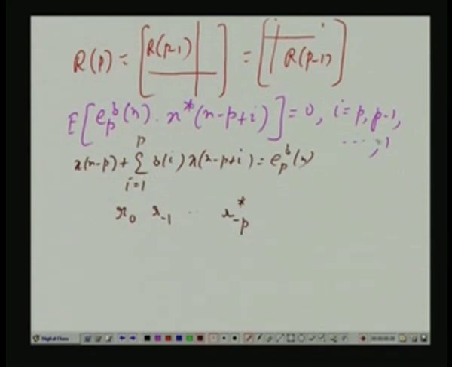Then i equal to p minus 1. If you do that, you will get, I am sure, R 1 here, because x n into x star n minus 1, that is R 1, then R 0, then R minus 1 dot dot dot, R minus within bracket p minus 1 star, and so on and so forth.